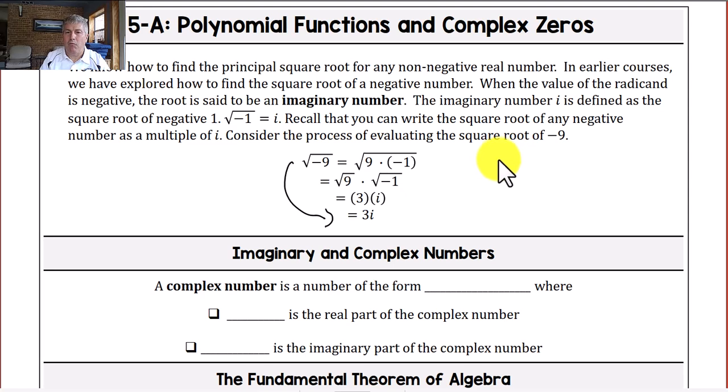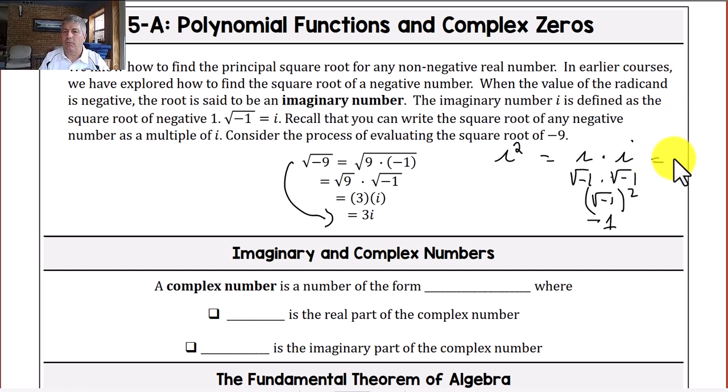Also, what might be helpful for us in our studies is i squared is equal to i times i, or i squared is equal to the square root of -1 times the square root of -1, or the square root of -1 squared, which is simply -1. So i squared equals -1. I encourage you to commit that to memory.